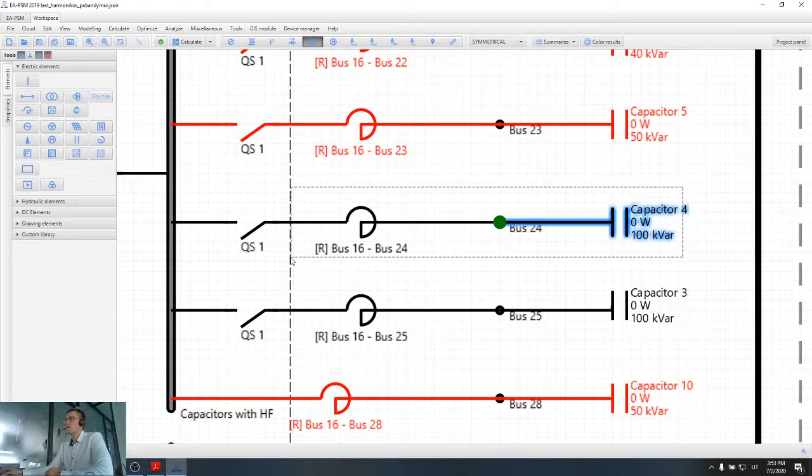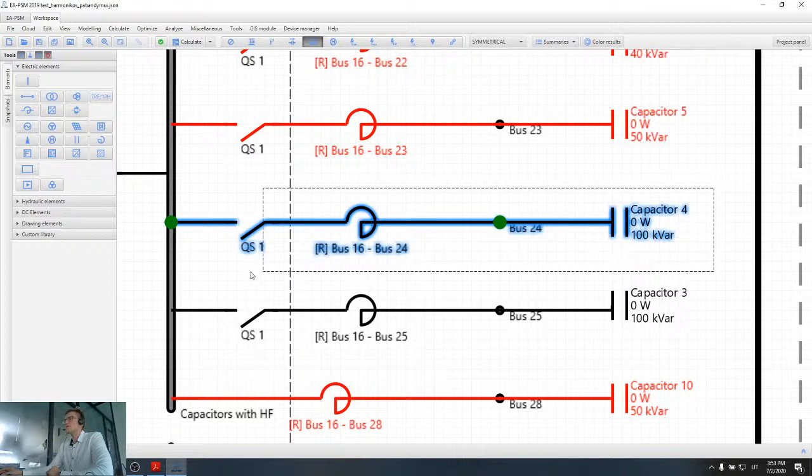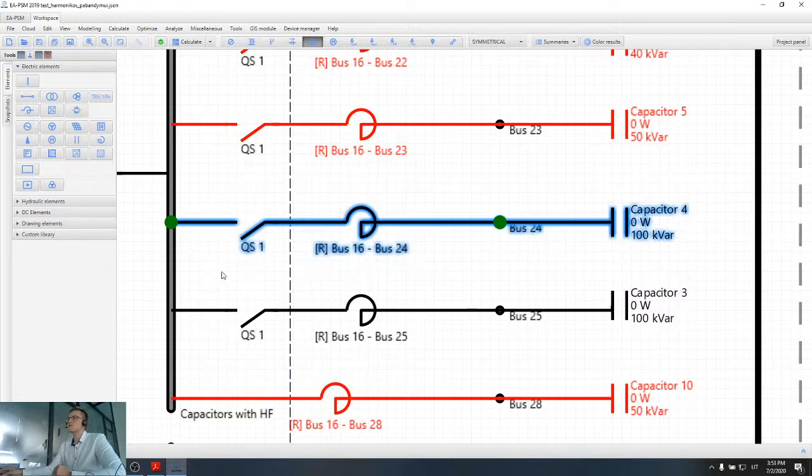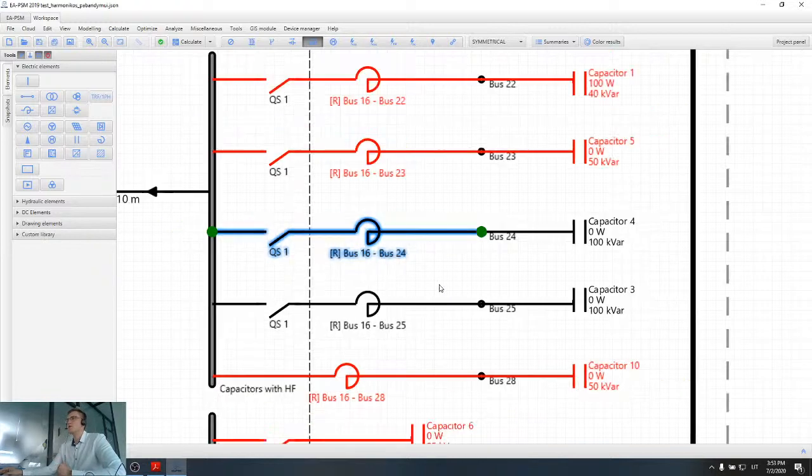If we connect the capacitor through a high inductor, then the impedance of this unit becomes inductive, and basically it does not allow for resonance to appear. So the idea behind this is to create enough impedance in front of the capacitor to reduce harmonic resonance.